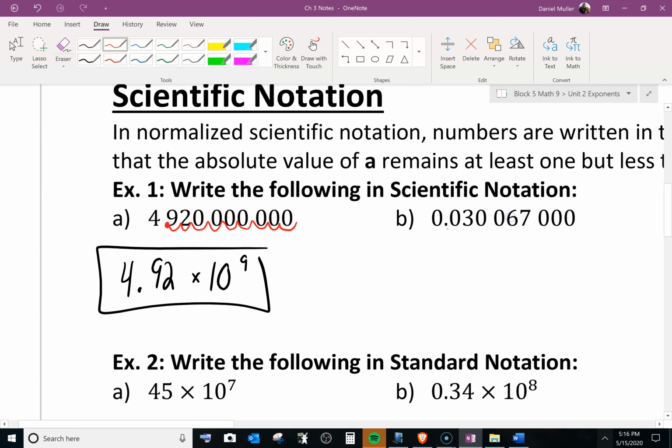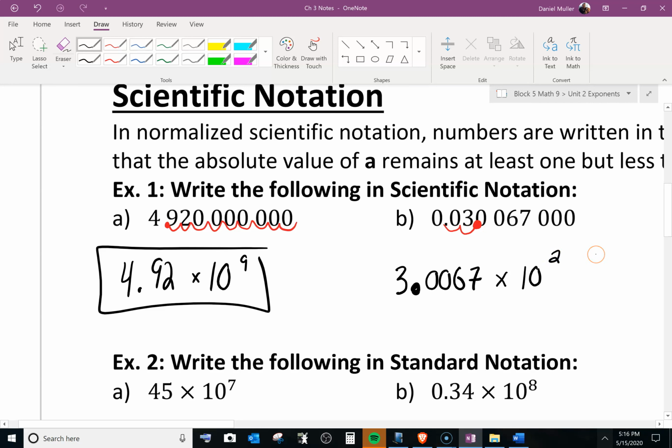So you want to move it to a spot where it only gets you a number that's less than 10. So I'm going to go there, because that is going to be 3.0067. I don't need the rest of those zeros. So I have 3.0067 times 10 to the 1, 2. I only moved it over twice.